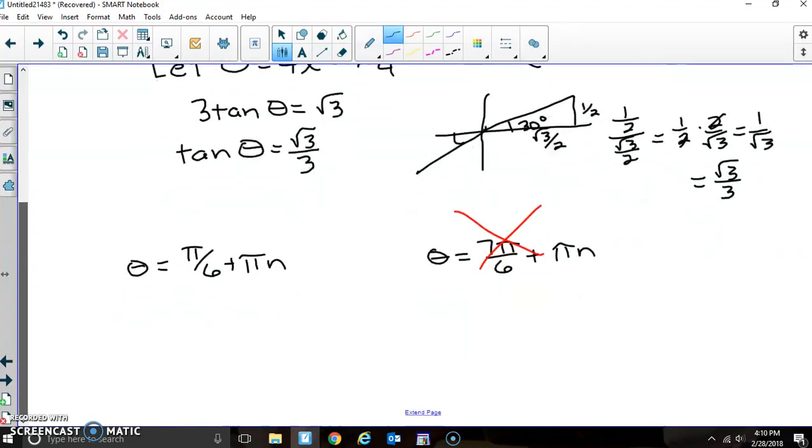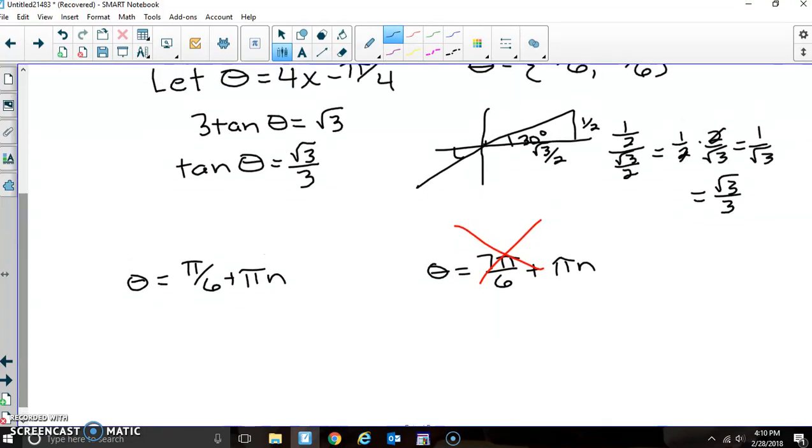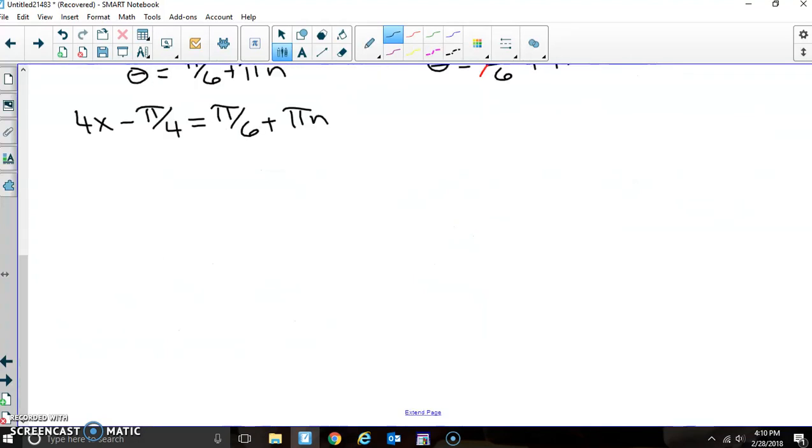Now substitute back in, we got to figure out what x is. So replace theta with 4x minus pi over 4 equals pi over 6 plus pi times n.